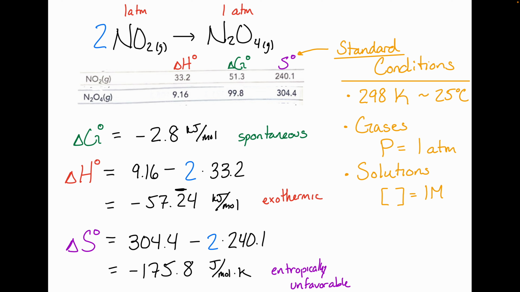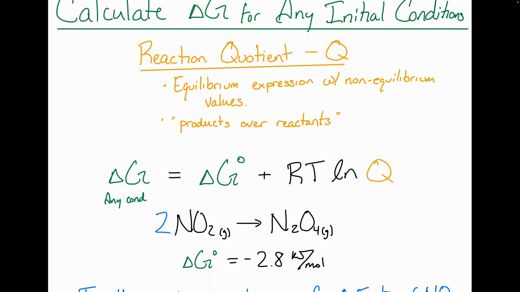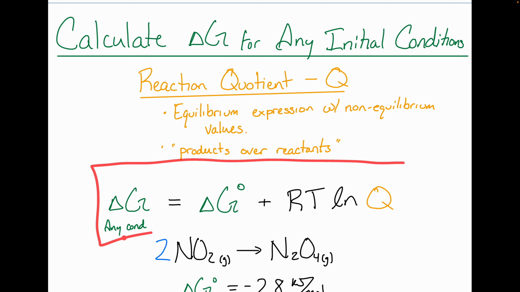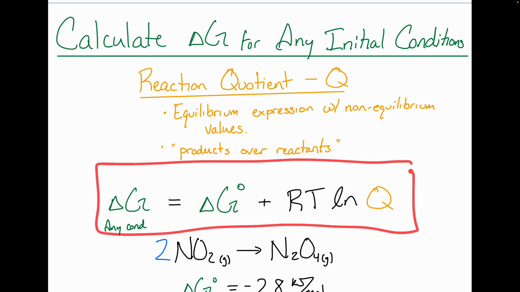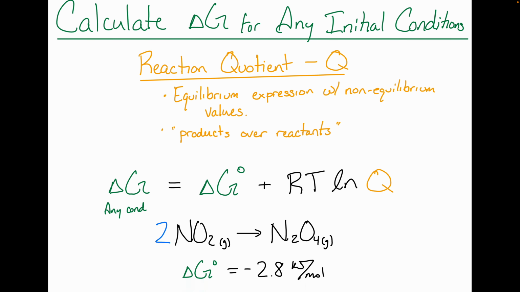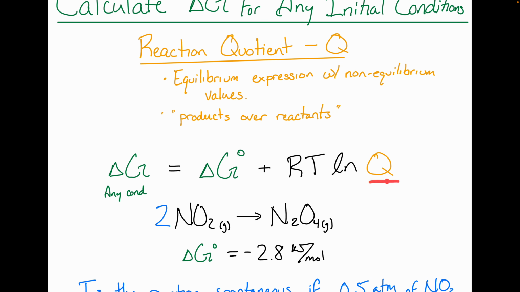If we want to go outside of those standard conditions, we can figure out whether or not the reaction is going to be spontaneous or non-spontaneous using that reaction quotient Q, right? So this equation here will allow us to predict whether or not any set of initial conditions will proceed in the forward or the reverse direction, okay? That was exactly what Q was telling us before, but now it's in this unit of free energy.